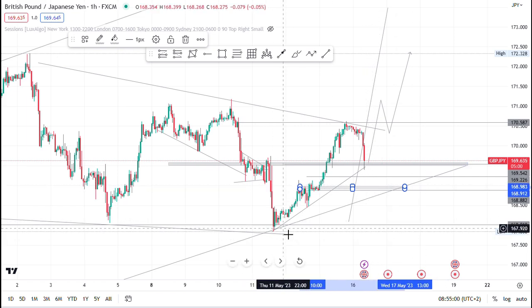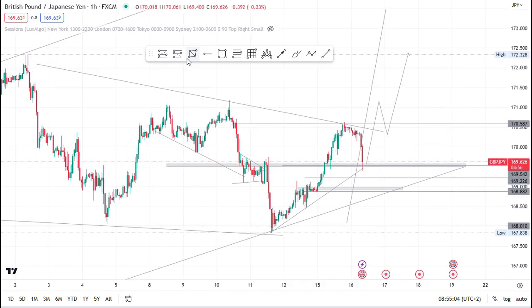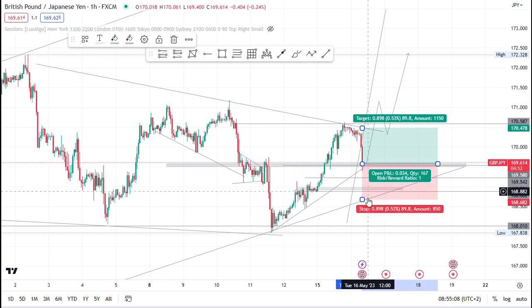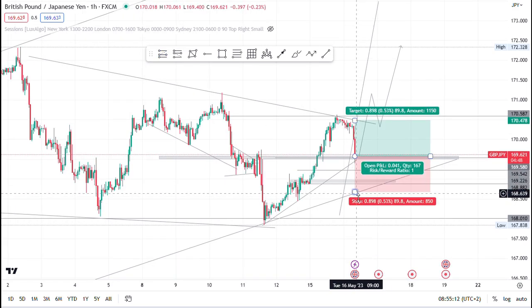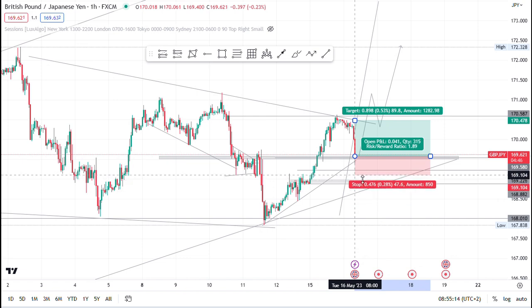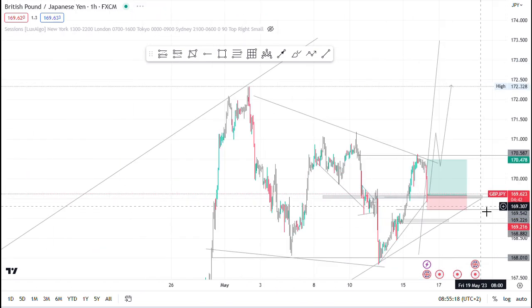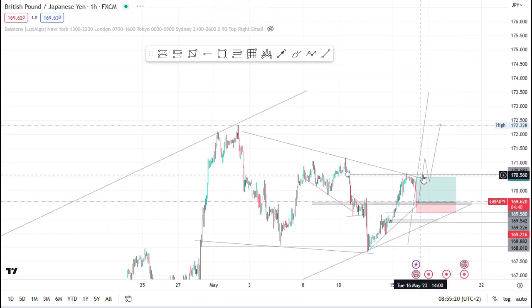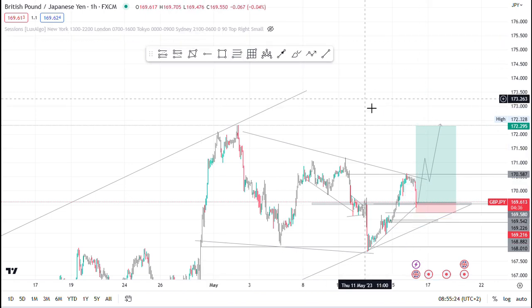But judging by this first surge, second surge, third surge, I would like to take this position now and put my stop loss here on the 50%. And then we'll see how it plays out.